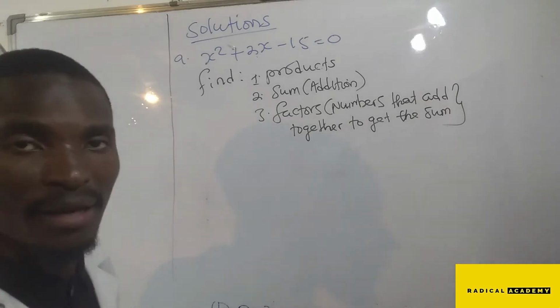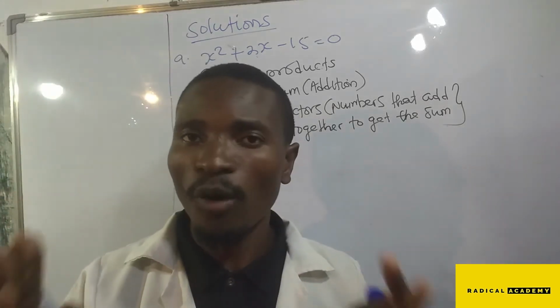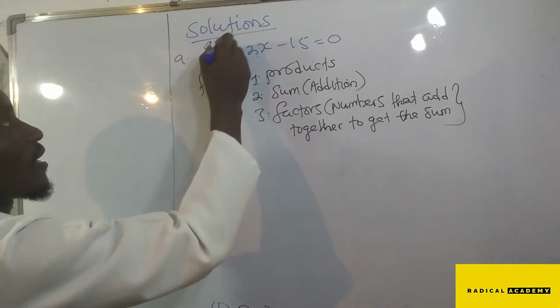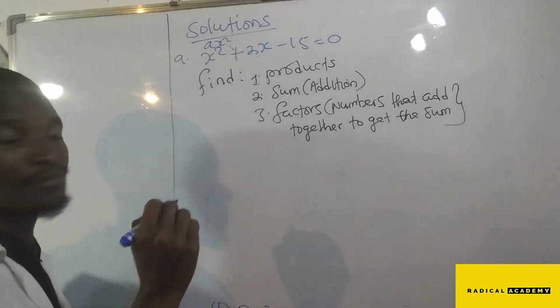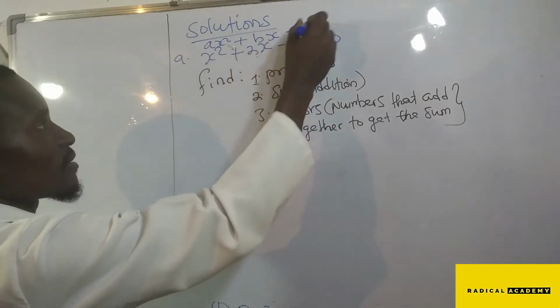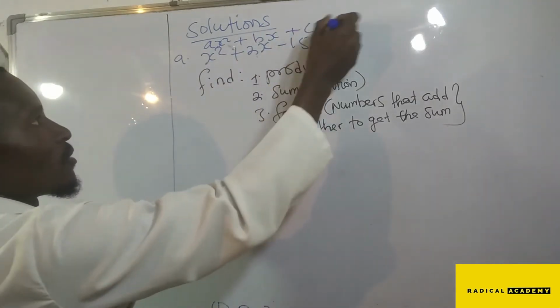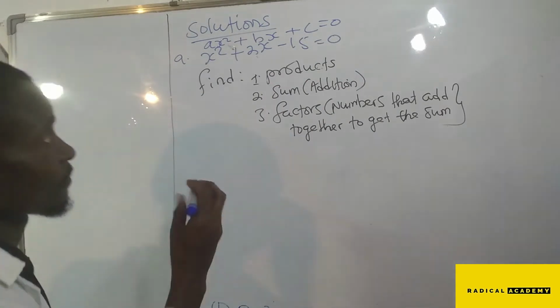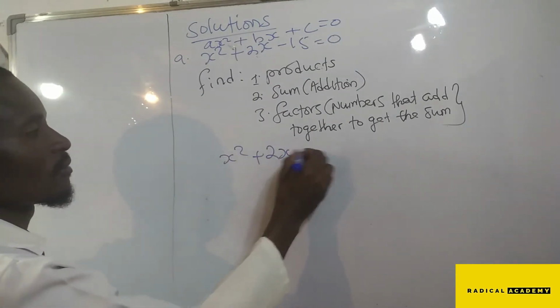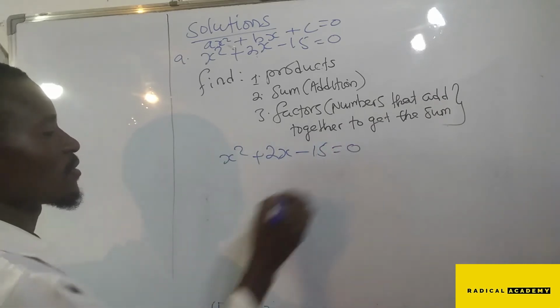Remember, the standard form of the quadratic equation is ax squared plus bx plus c equals 0, or x squared plus 2x minus 15 equals 0.